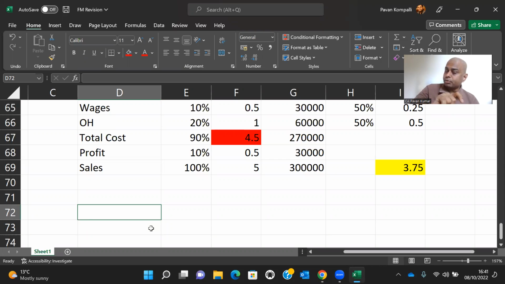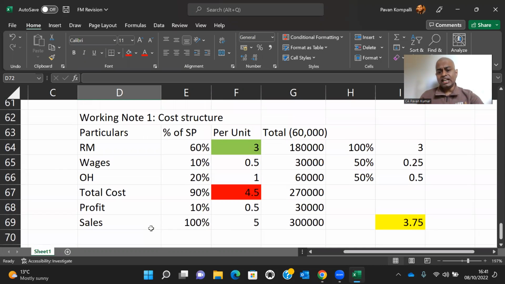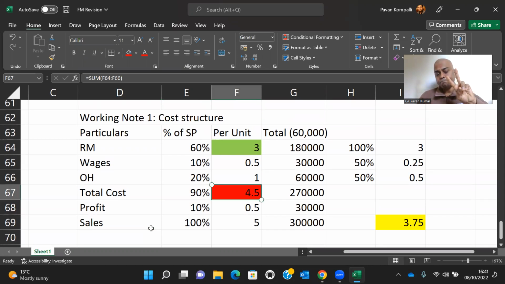If you follow the cash cost approach, debtors will be calculated based on total cash cost. So basically this red is for two things: finished goods and debtors. Yellow is for work in progress, correct.